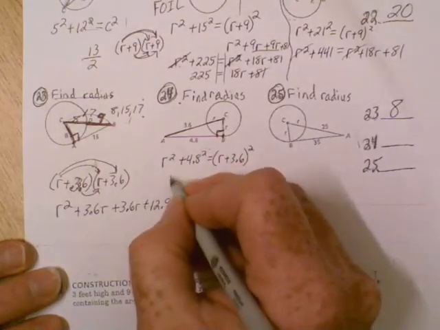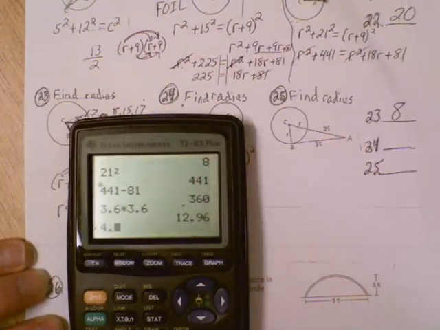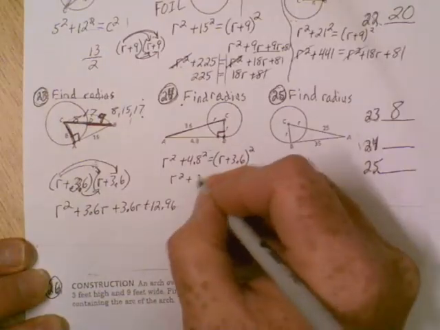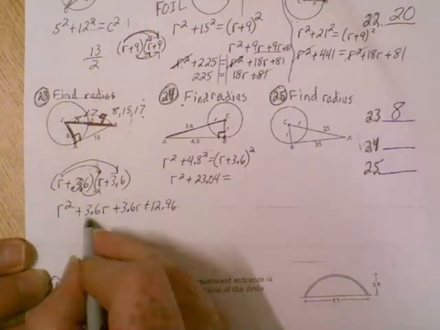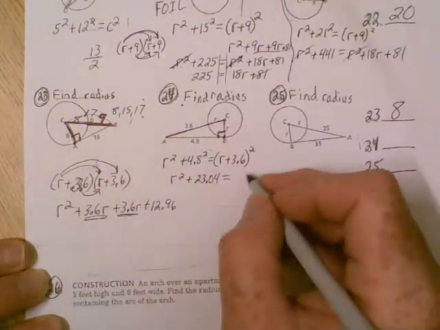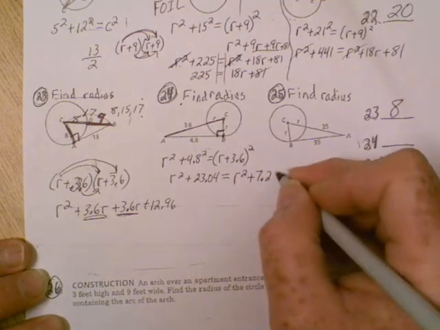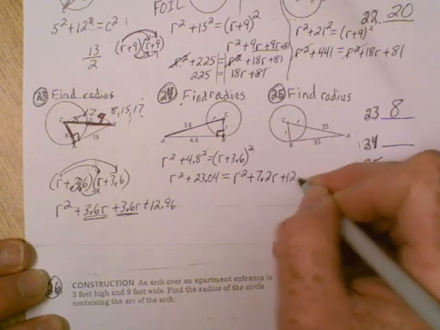So now we have R squared plus, I should have done 4.8 squared also. That's 23.04, equals all of this, but I'm going to put these two together. So equals R squared plus 7.2R plus 12.96.